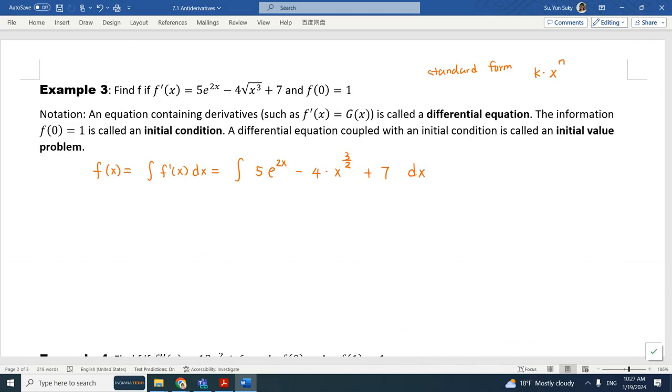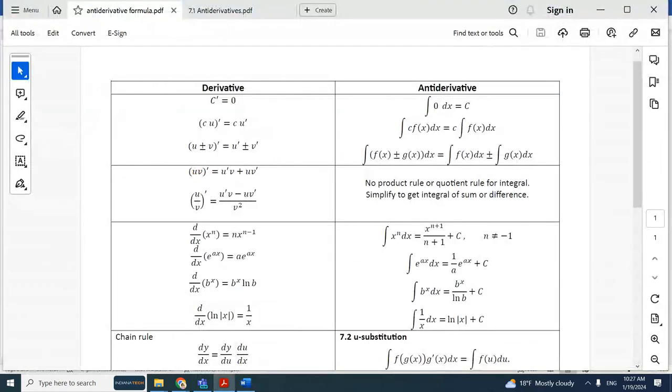So we have 3 terms that we want to integrate. Look at the first one. Which formula do we use? The exponential function, right, everybody? It's the same thing, but we divide by the coefficient of x in the exponent.